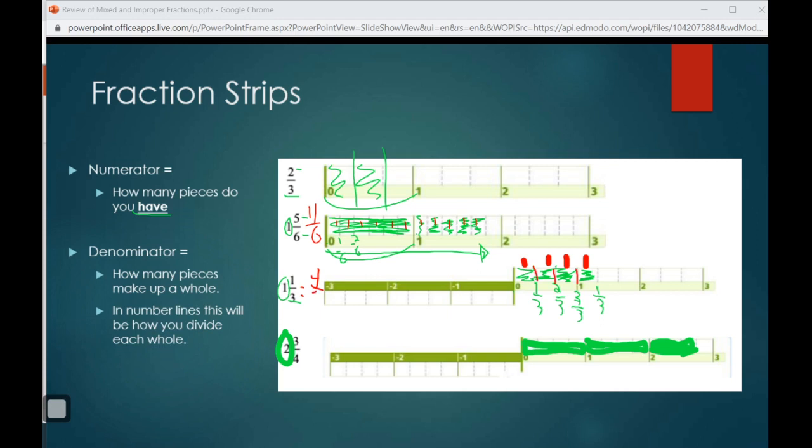The denominator won't change no matter if it's a mixed number or an improper fraction. All right? Let's look at the second one. So we have 1, 2, 3, 4, 5, 6, 7, 8, 9, 10, 11. All right? So we have 11 out of, once again, should be 4 because these pieces are still cut in the same thing.